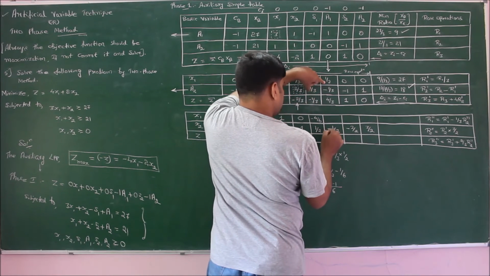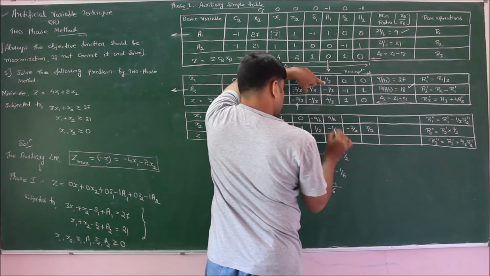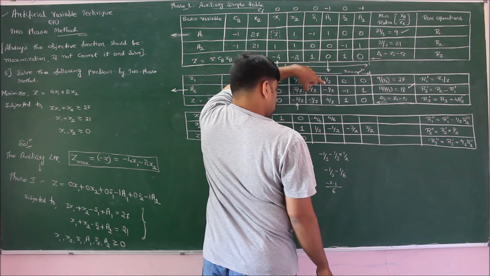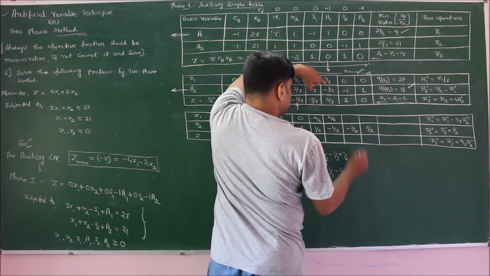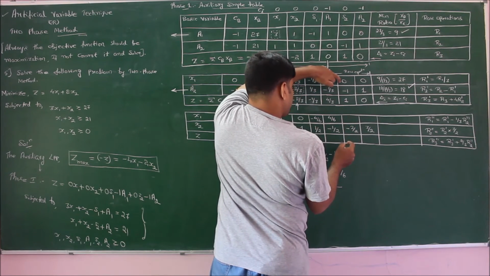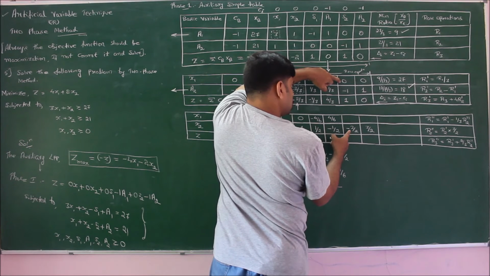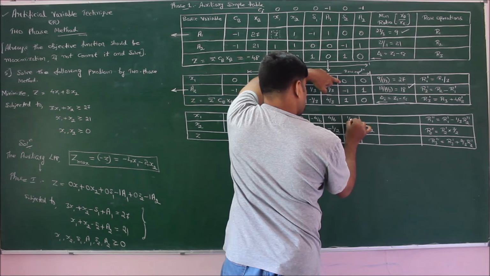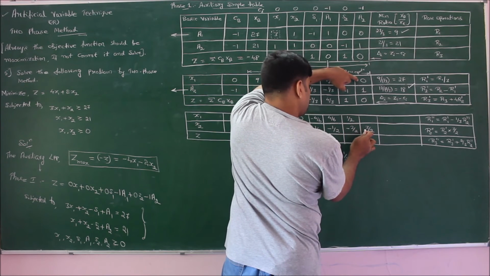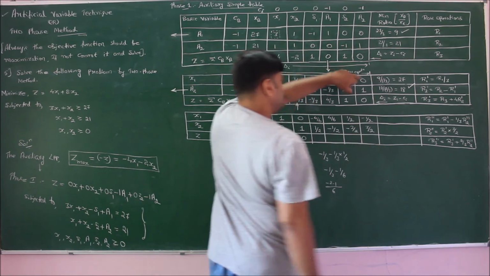Coming over here, I will get it as plus 4 by 6. Next, here I have 0, but here I have minus 3 by 2. So therefore minus of minus is plus 1 by 2. Here I have 0, here I have plus 3 by 2, it will become minus 1 by 2.